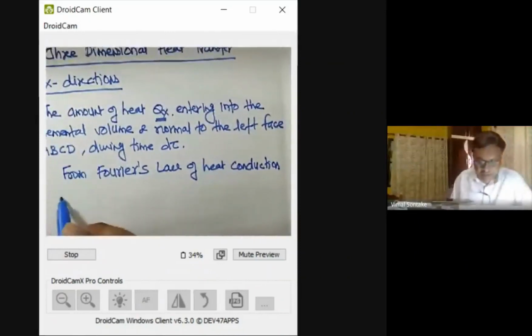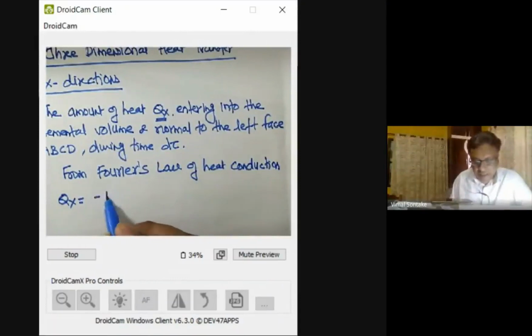What is that? Qx will be minus K, since I am considering thermal conductivity K in the x direction, which is specifically constant for that direction only.